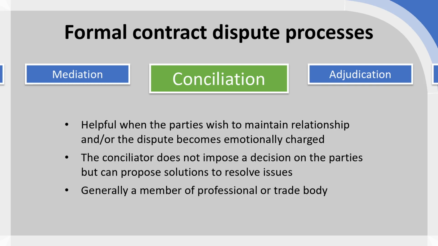So the goal of the conciliator is not just trying to find an immediate solution to the dispute, but also to reduce tempers, to drain some of the emotional charge from the situation, because there is a stated goal to try and resume the relationship as a whole.